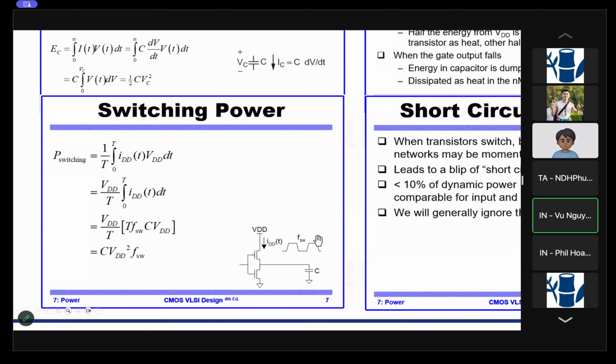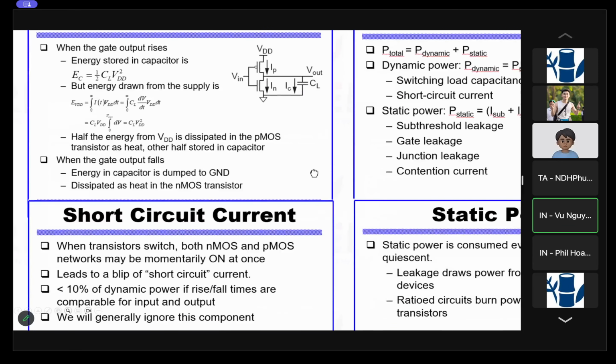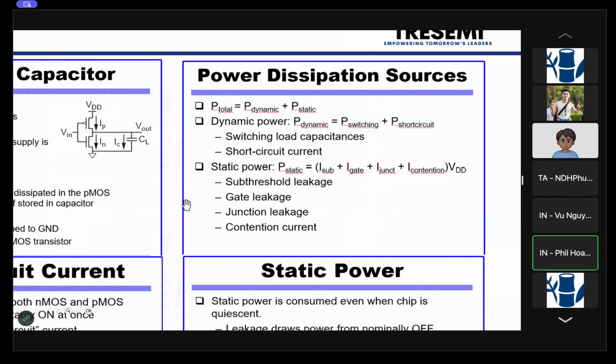Yes, I want to go back to the leakage current, and this is very important in circuit design. The leakage current is proportional to the temperature.